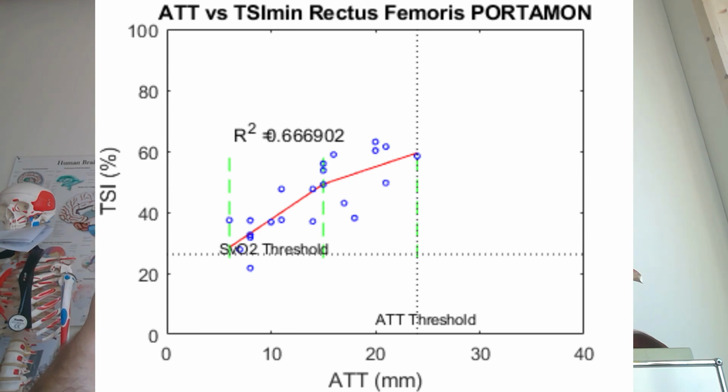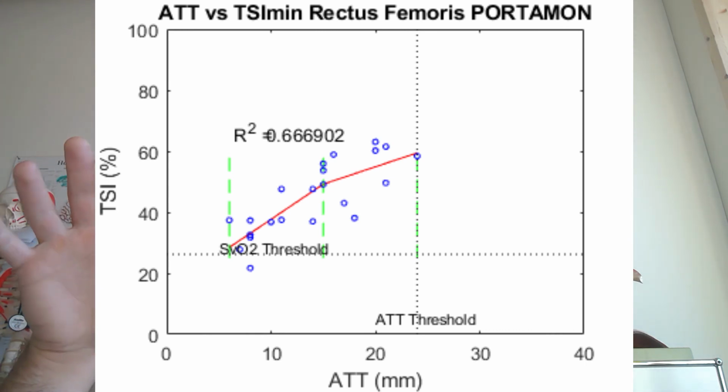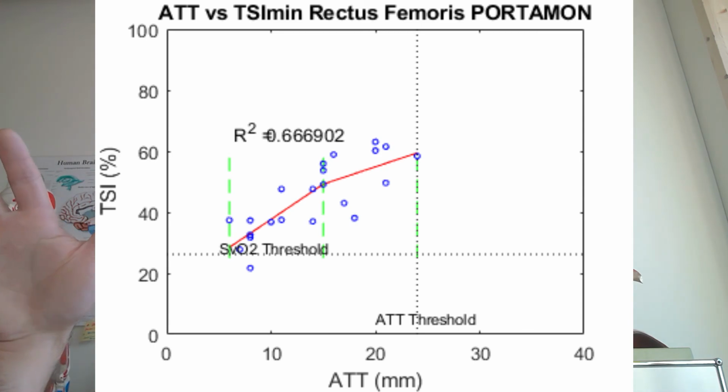You get a much steeper increase at the beginning, and then it flattens out, at least with this data set. But this knot point really has nothing to do with a threshold point, which is different from the Moxy. I hope this helps differentiate TSI and SmO2, which I think is an important distinction, and helps you understand the relationship between your oxygenation value and adipose tissue, so you're aware of that.